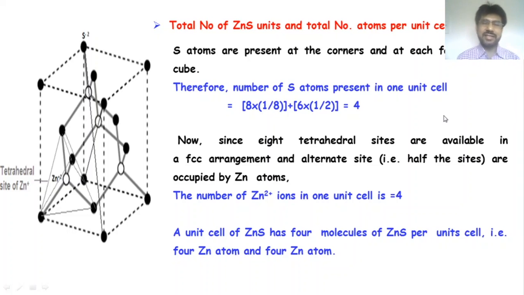So we can say that the ZnS unit cell has 4 molecules per unit cell, because the Zn has 4 atoms and sulfur has 4 atoms. Therefore, there are 4 ZnS units present in a single unit cell.